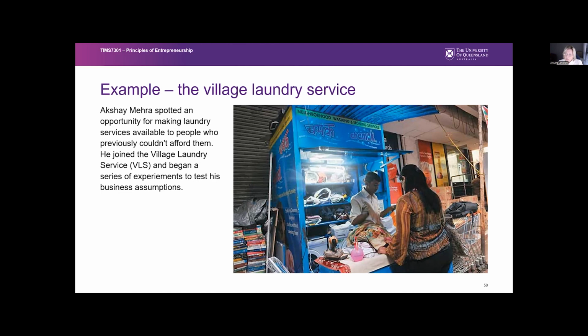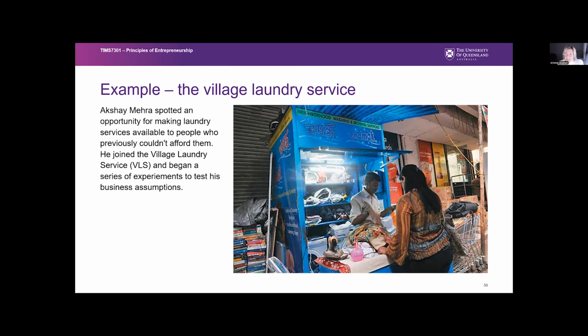So the solution was to build a more substantial mobile cart that looked like a street kiosk. Other interesting feedback was that customers often wanted their clothes ironed and were willing to pay double the price to get their laundry back in 4 hours rather than in 24 hours.